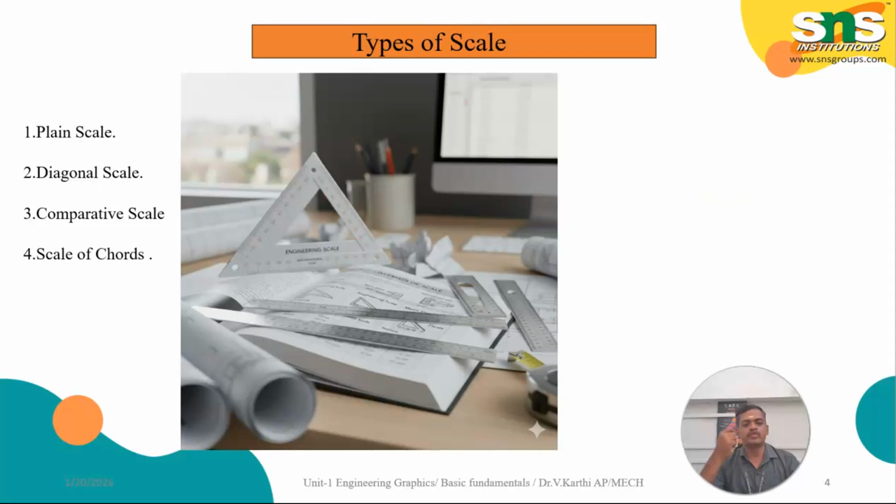A comparative scale is used to compare two different systems, commonly comparing metric and imperial units. Examples: kilometers versus miles.